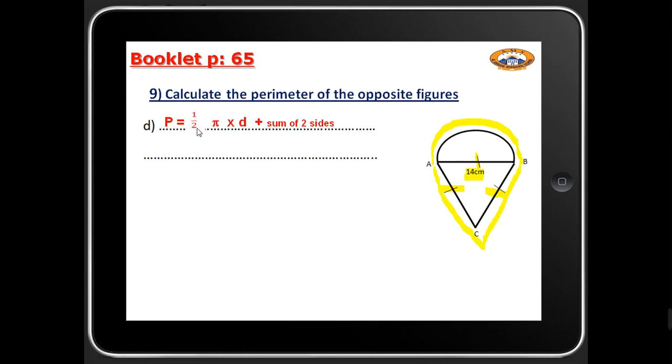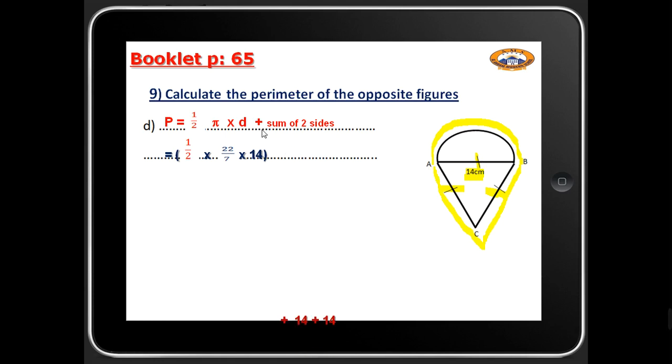Okay, I hope you understand how we're going to solve these steps. Now we have the half of a circle. I told you this is the half of the circle, and the rule is going to be half times pi times d plus the sum of two sides. And please, we have here only two sides. Very good. So half times pi, here 22 over 7, times 14, which is the diameter of this half circle.